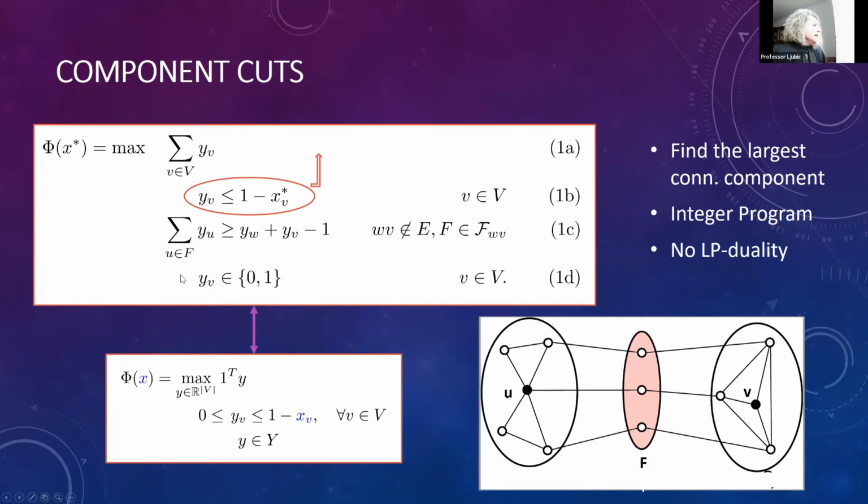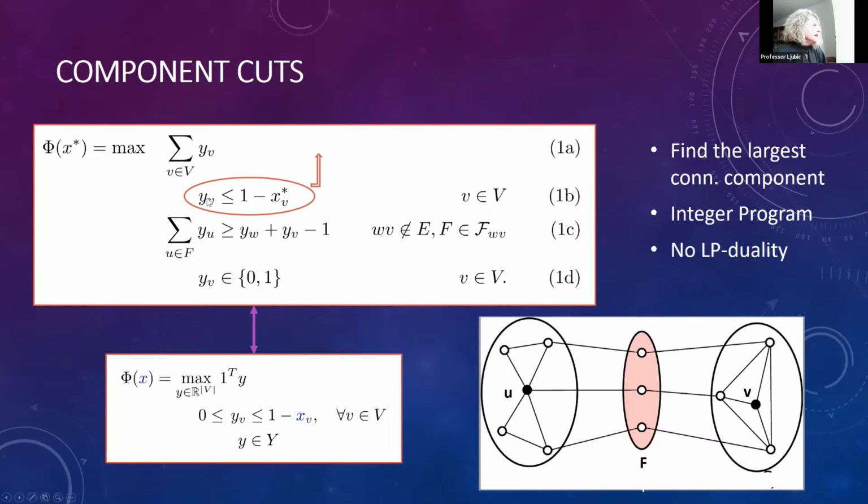So the follower will look at the decision of the leader, and it will say, okay, I have binary variables 0, 1, and u_v will be equal to 1 if the vertex v belongs to the largest connected component of the interdicted graph. So these are the interdiction constraints. They say that if the leader has removed this vertex, then I cannot put it in the largest connected component.